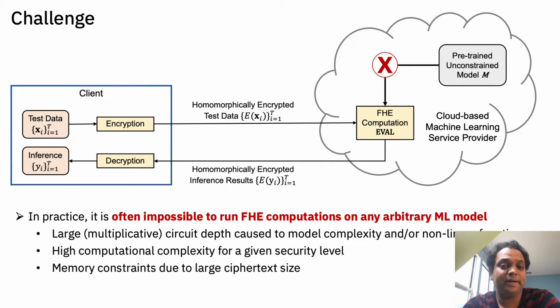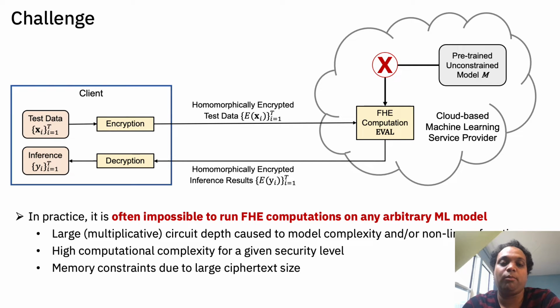Okay, so as you may know, fully homomorphic encryption is a special type of encryption that allows you to perform computations on encrypted data without the need for a decryption key. So what is the problem?